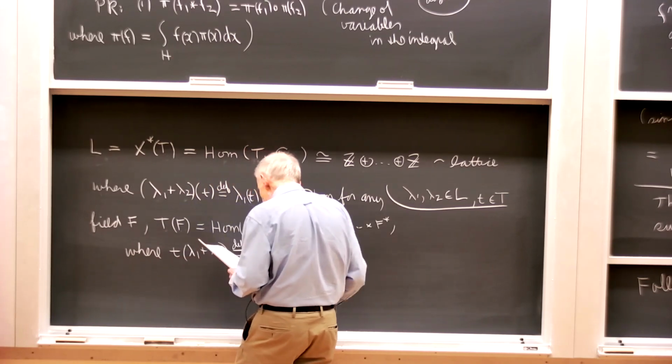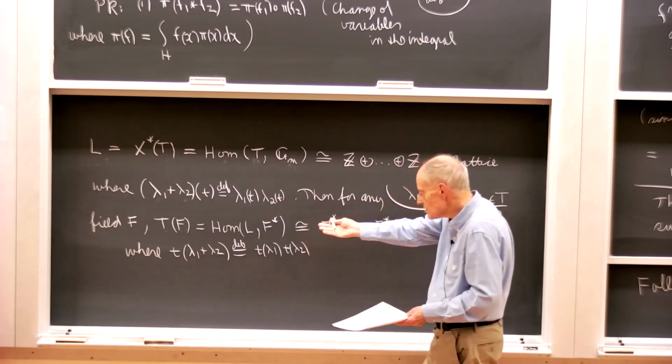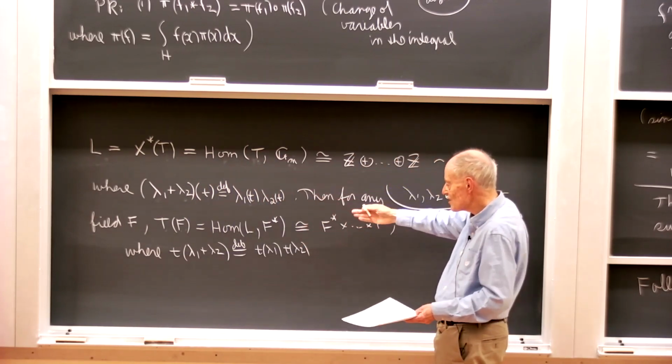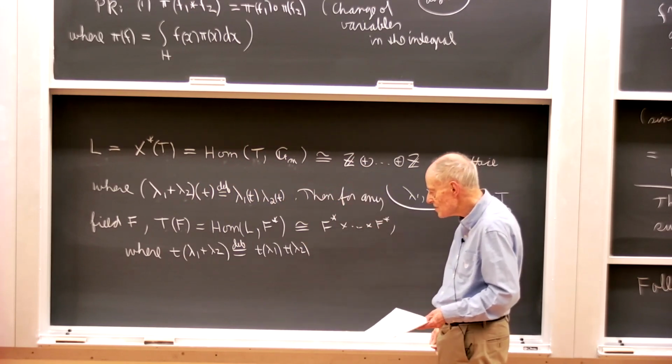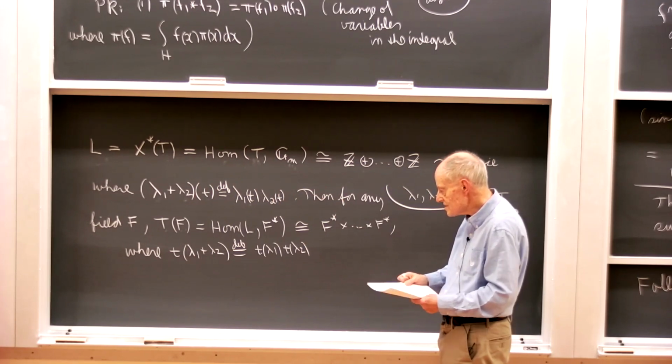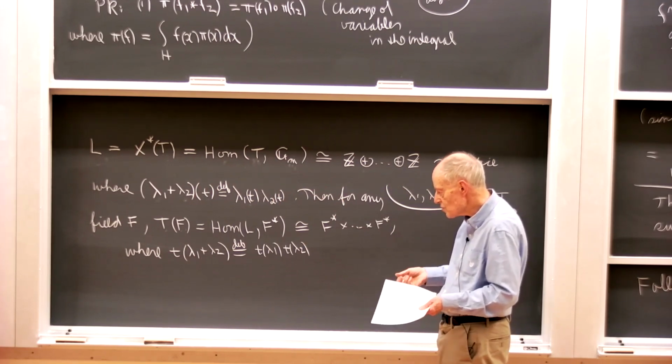So in both situations, additive notation gets transferred to multiplicative notation. This is, as I say, standard convention for dealing with algebraic tori.